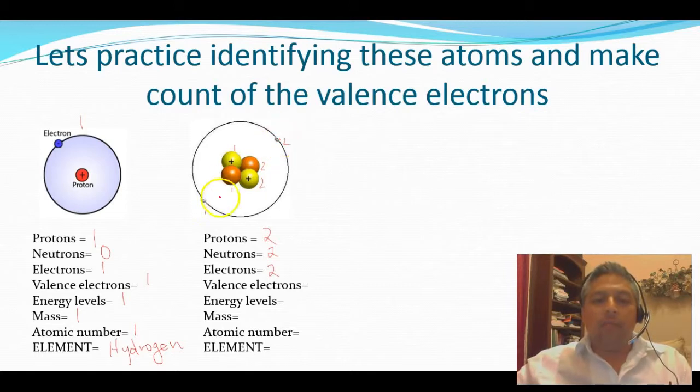So we have 1 and 2, which is the same amount as electrons. Energy levels, we only have 1, and the mass is adding these 4 particles inside, so that's 4. Atomic number will be the number of protons, so we have 2. And the element, this will be helium.